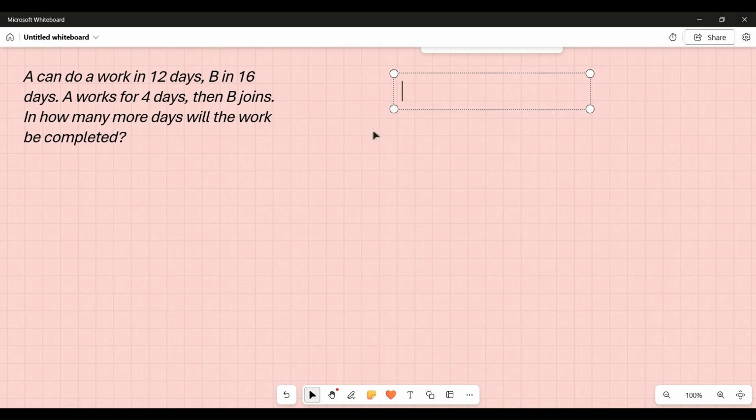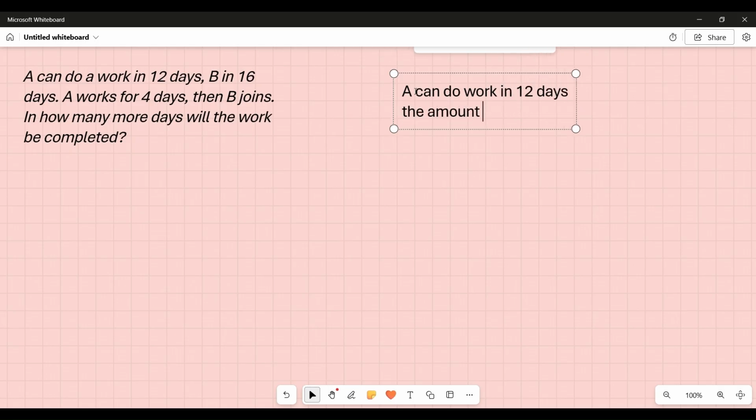First, we need to find the working days. Okay, so let's solve the question. Now we will find the work done by both A and B in a particular day. First we will calculate for A. Person A can do the work in 12 days, so the amount of work done by A in one day can be calculated by 1 upon 12.